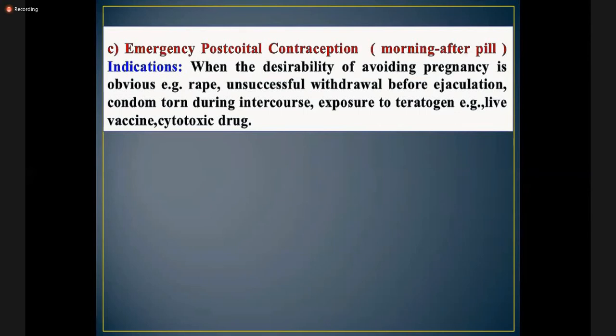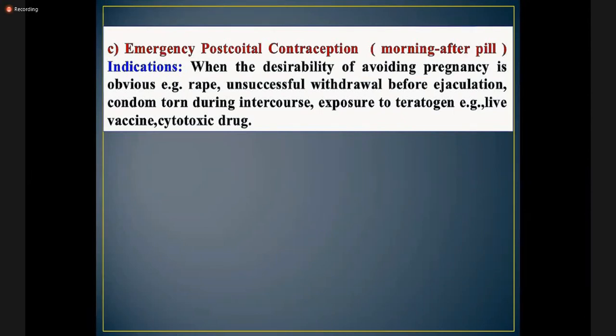Again, we can use a combination of estrogen and progesterone, or even a progestin-only pill can be given. The key point related to the morning after pill is that it shows its efficacy if we give it within 72 hours.